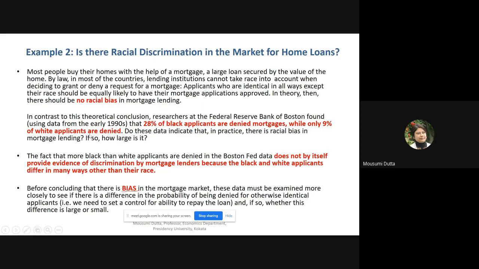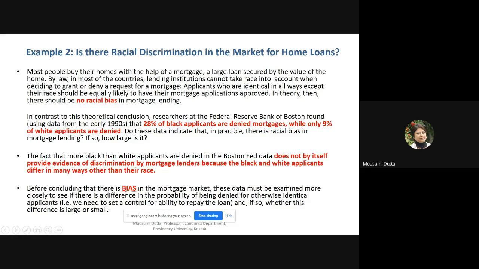But this is for the matter of fact that the total application of unprivileged group was lesser compared to the privileged group. And number two, there were a lot of problems in the forms submitted by this group. Because of their education level maybe, or because of their level of understanding maybe. So there were some problems in their applications.